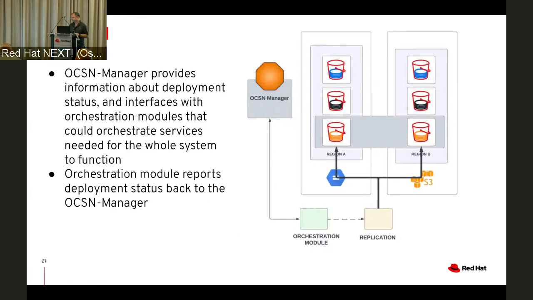And then it can trigger orchestration operations, or provide information to the orchestration that would allow it to fix itself, or raise a flag and say the system is not functioning.